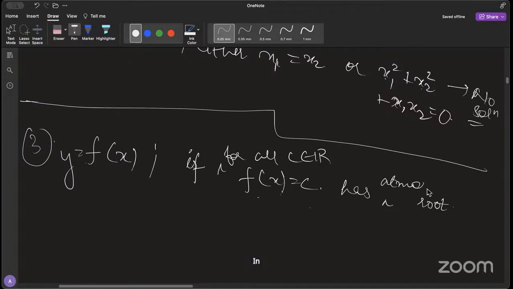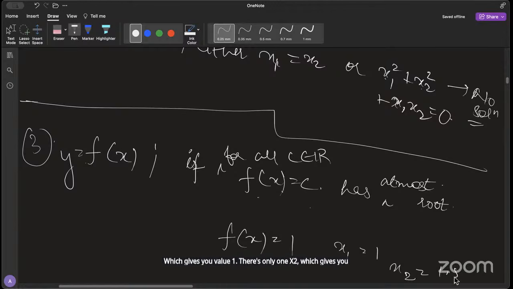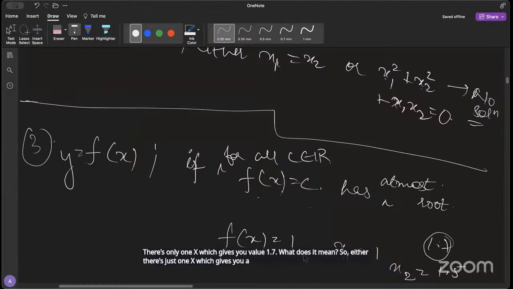In terms of 1, 1 and not 1, 1: if I have a function fx and I'm saying for fx equals 1, I only have one root, that means there's only one x1 which gives you value 1, only one x2 which gives you value 1.5, only one x which gives you value 1.7. So either there's just one x which gives you a certain value, or there is no x which gives you that value.